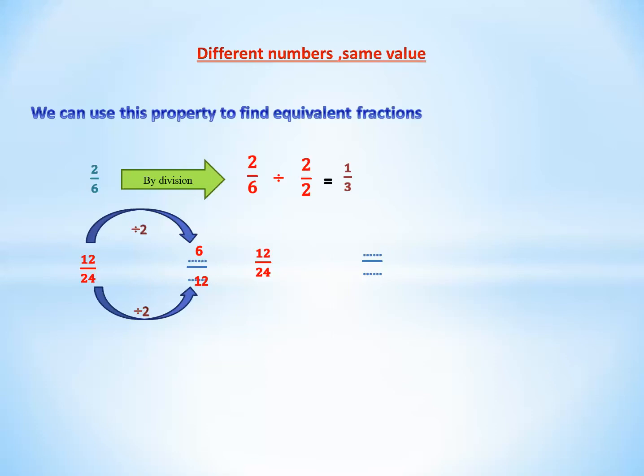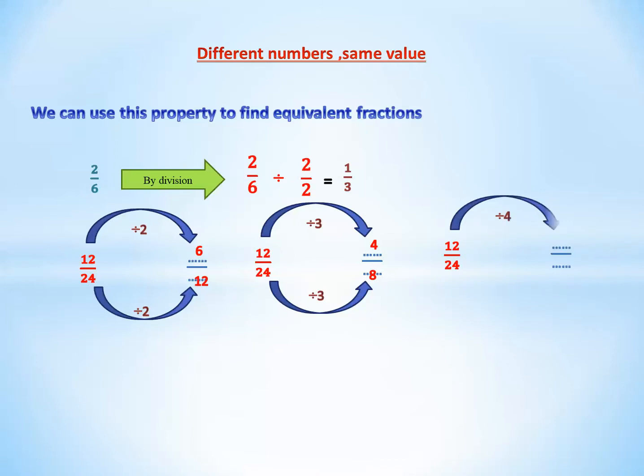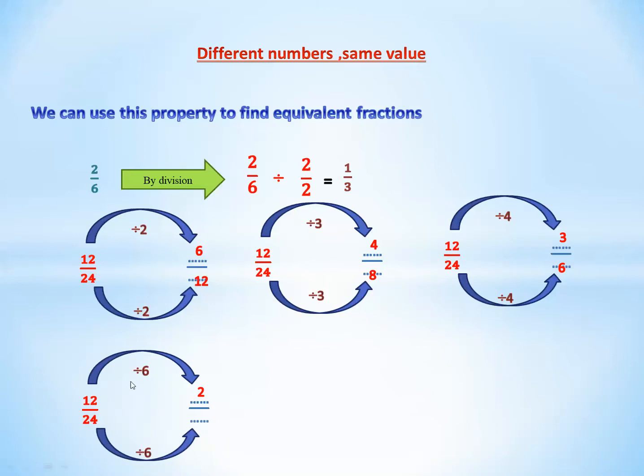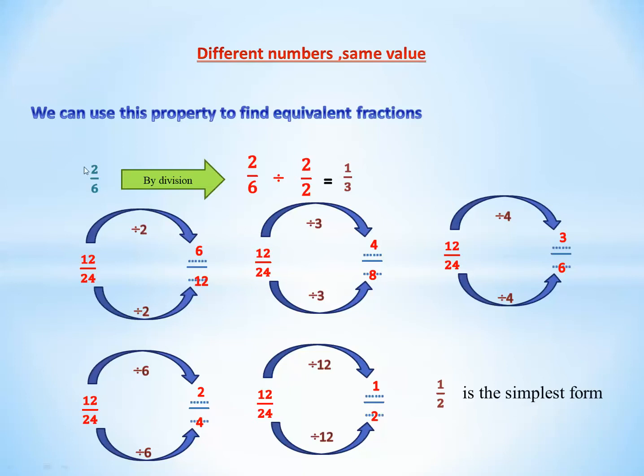If I divide by 3, it will be 4 over 8. 12 and 24 are multiples of 4 also, so 12 divided by 4 equals 3 and 24 divided by 4 equals 6. They are multiples of table 6, so 12 divided by 6 equals 2 and 24 divided by 6 equals 4. They are multiples of table 12, so 12 divided by 12 equals 1 and 24 divided by 12 equals 2. Half is the simplest form.